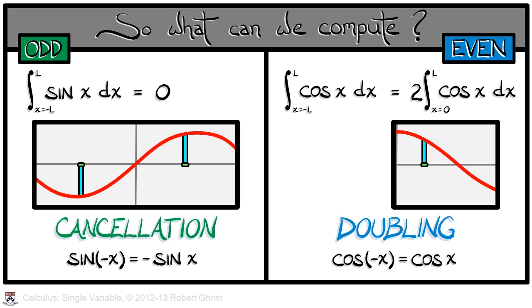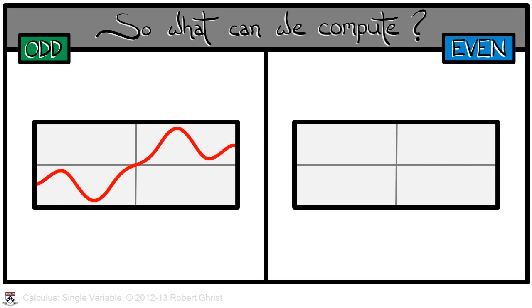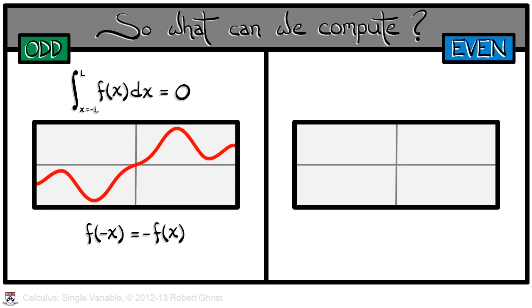We say that sine is an odd function and cosine is an even function. An odd function is one that has this symmetry about the origin, or a function for which f of minus x is minus f of x. For such a function, the definite integral over a symmetric domain from negative L to L is always 0.